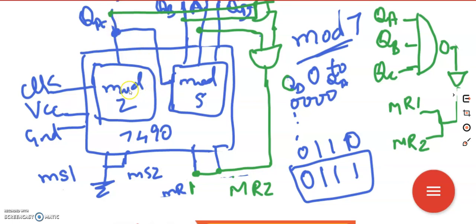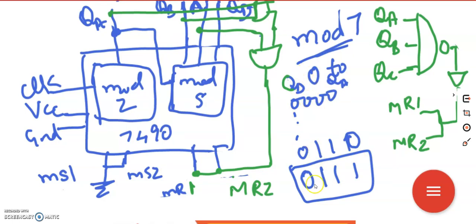Only when we are concatenating or cascading both the counters, then we need to take care of the reset of both the counters. Otherwise we can just concentrate on one particular count, because for mod 4, the result we are getting is within this, right? So just reset whenever this bit is high, that is QC is high.